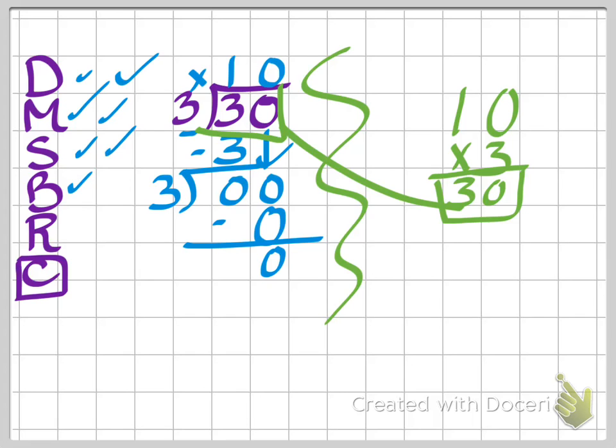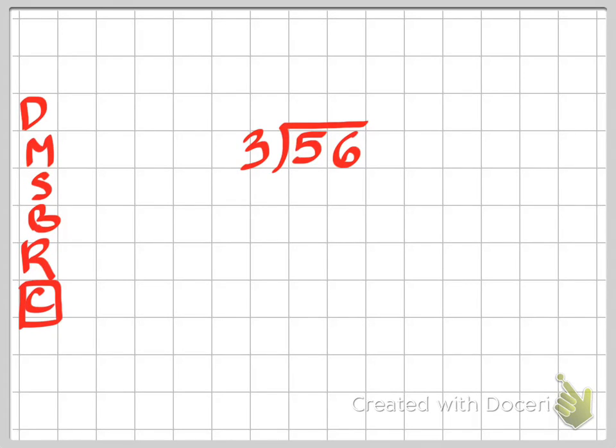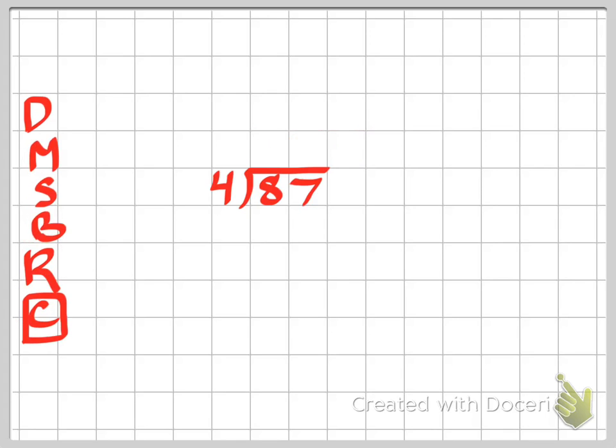All right, let's go ahead and take a look at your homework. Okay, and here's the part of the homework that you need to actually bring into class tomorrow. Oh, that's okay. It's not very many problems at all. All right, so your first problem for homework tonight is 56 divided by 3. Don't forget to do Does McDonald's Sell Burgers Really Cheesy, which means divide, multiply, subtract, bring down, repeat, and check your work.